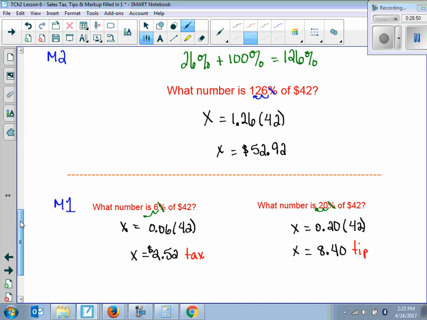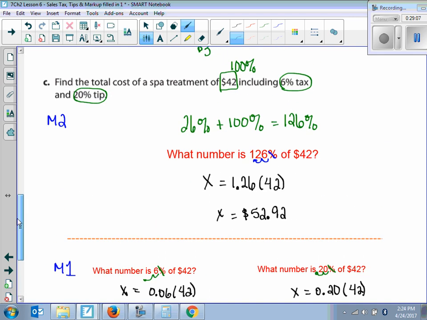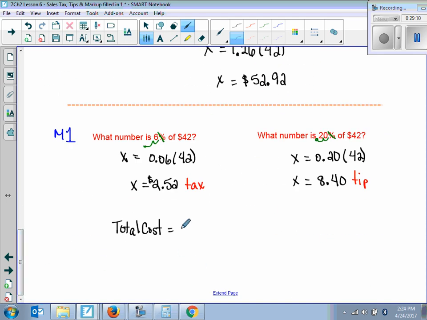So, to find the total cost, we're going to add, the total cost is equal to the spa treatment, we'll just say the spa, plus the tax, plus the tip. And that's how we get our total cost.